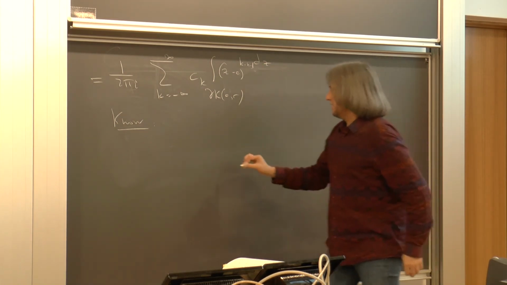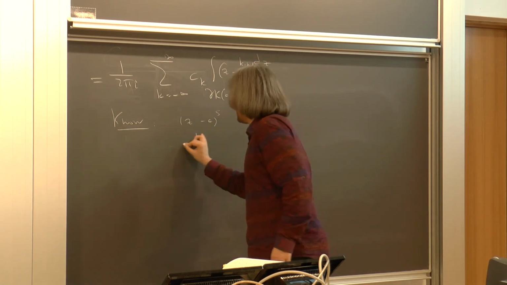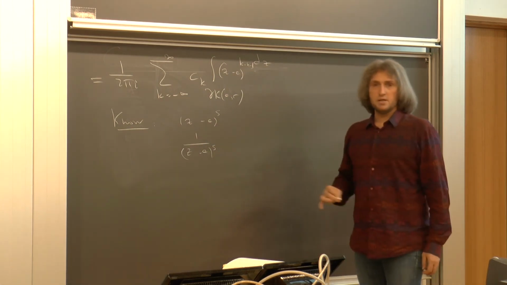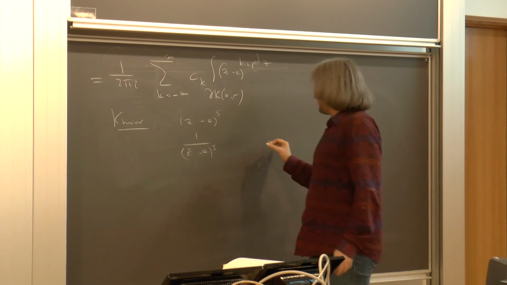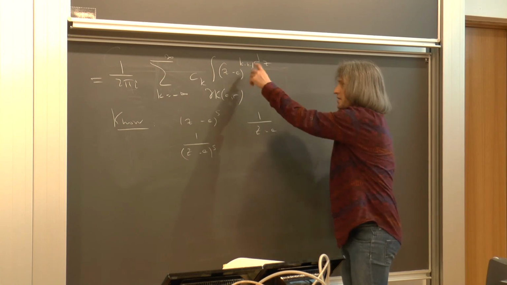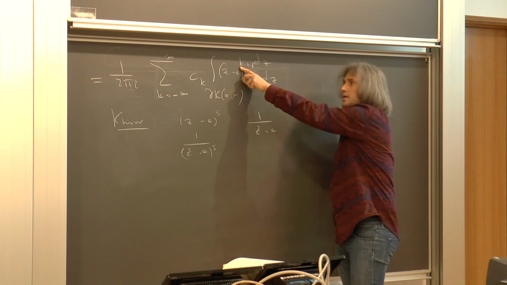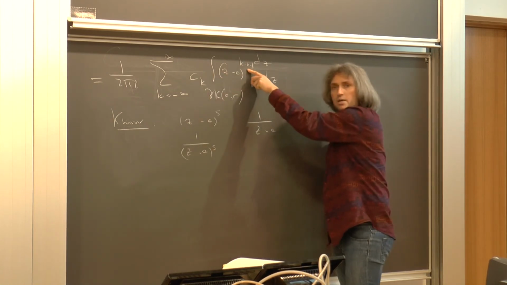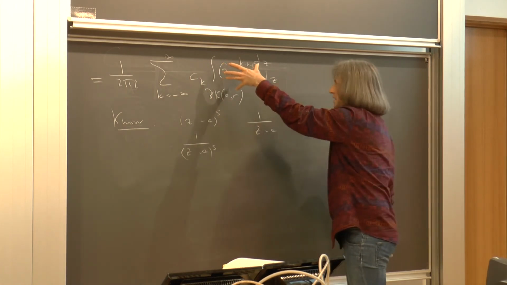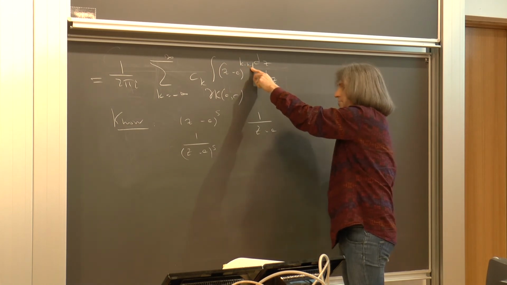All of these, z minus a to some power s, or 1 over z minus a to the s, are derivatives of something, with the one exception, which is 1 over z minus a. So then this integral vanishes almost always. So n here is fixed, but k is a parameter of summation. So almost all these integrals vanish, with one exception, when k minus n minus 1 equals minus 1.